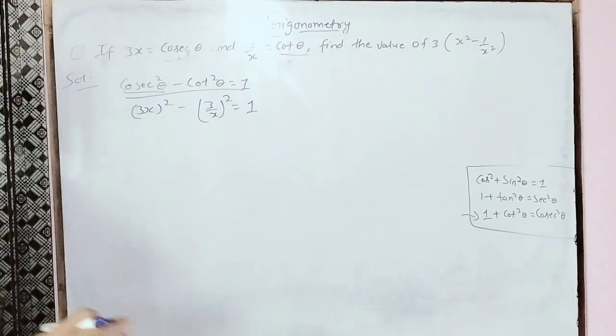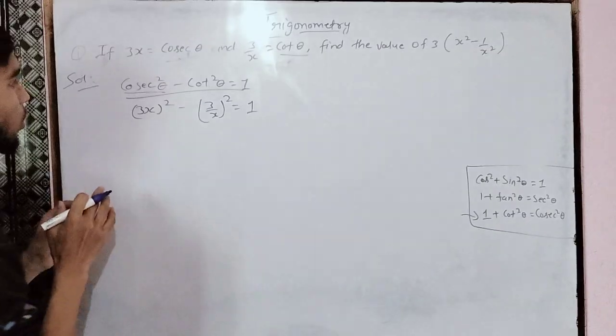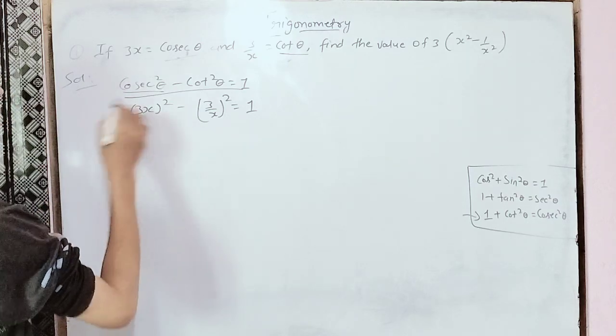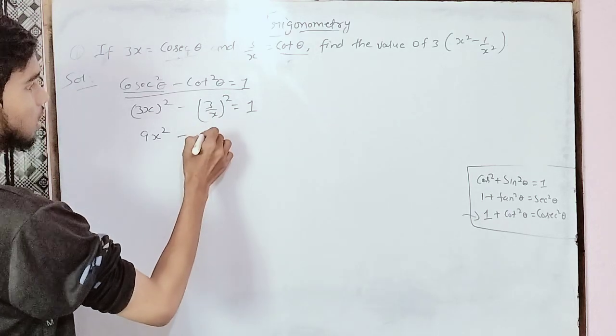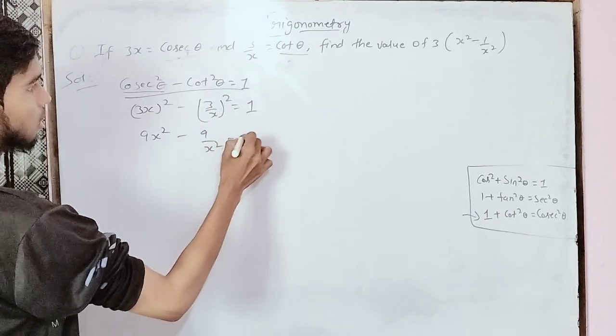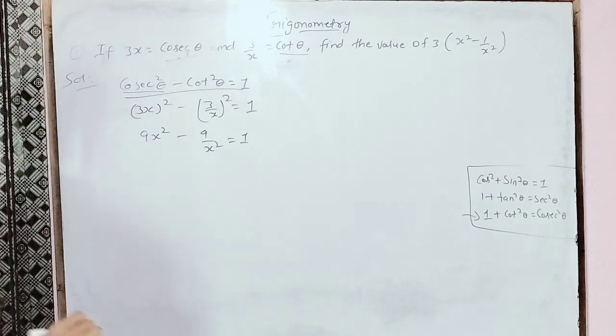It is telling you that you can apply this, and this question is based on this. The question is saying you will have to apply trigonometric identity. Now simplify it, 3 3 is 9 x square, again 3 3 is 9 x square is equal to 1. Clear?